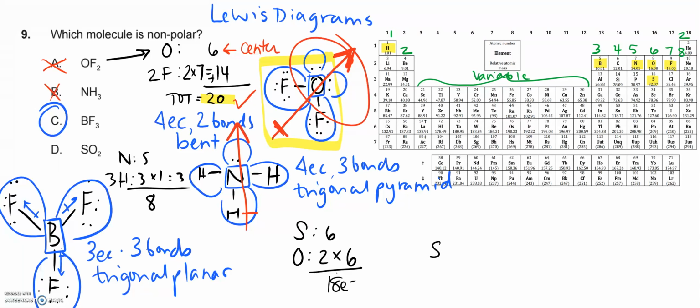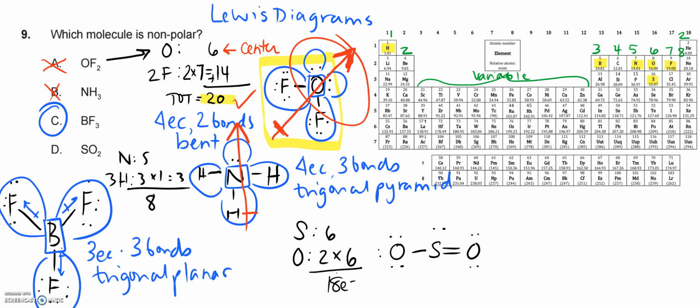We're going to put sulfur at the middle because there's only 1 of them compared to the 2 oxygens. We're going to have 1 double bond, 2 unbonded electrons there, then 1 single bond. We can see we get a total of 18. Each of them feels 8, 2, 4, 6, 8.